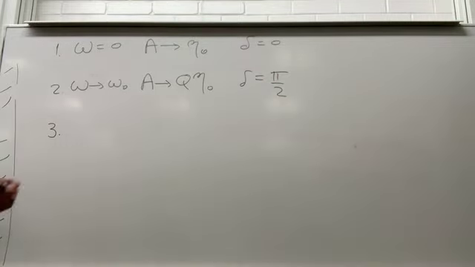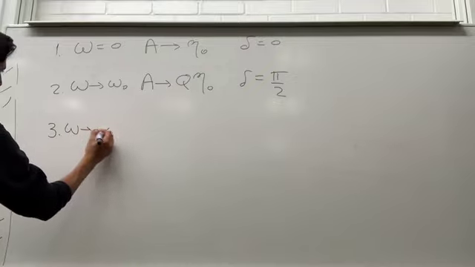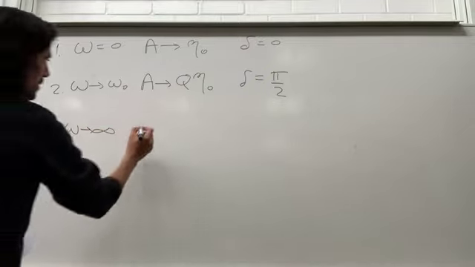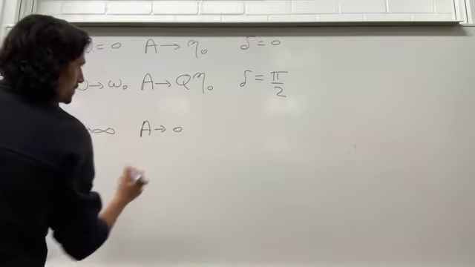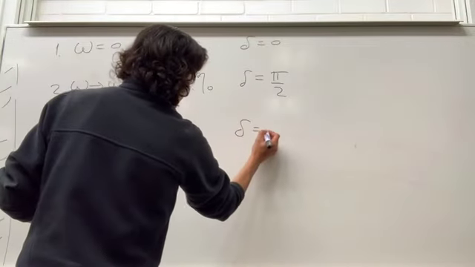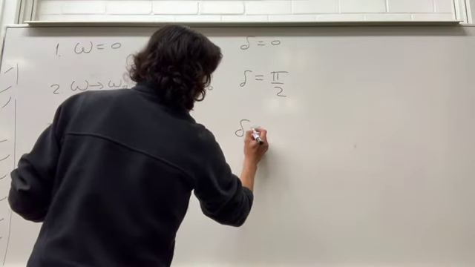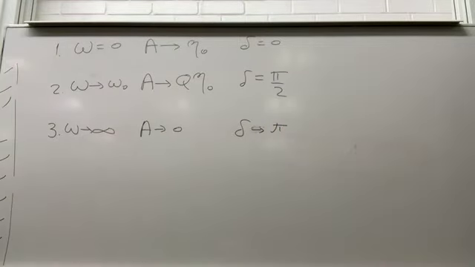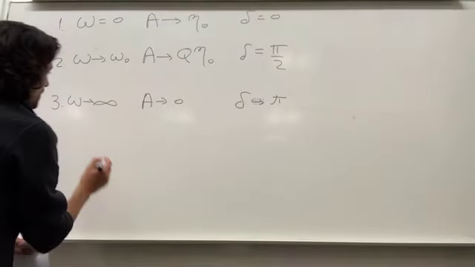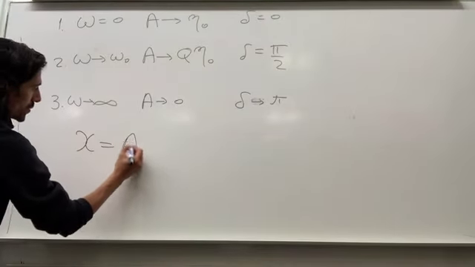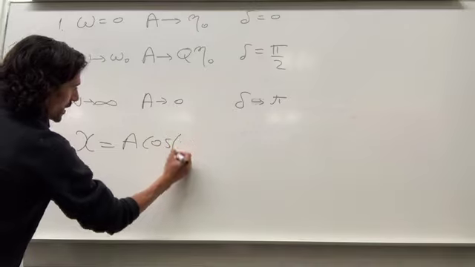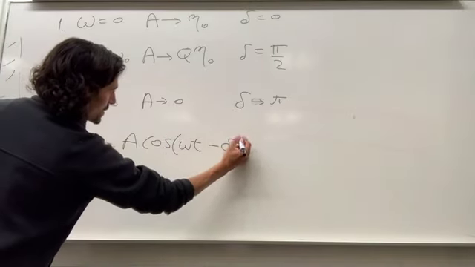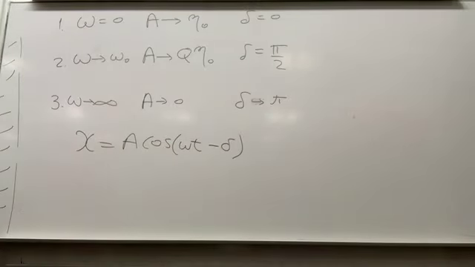And in the third case, if omega is tending to infinity, is very large, A tends to 0 and delta tends to pi. And the steady state solution, just to complete the solution here, would be the same: A cosine (omega t minus delta). This is the steady state solution.